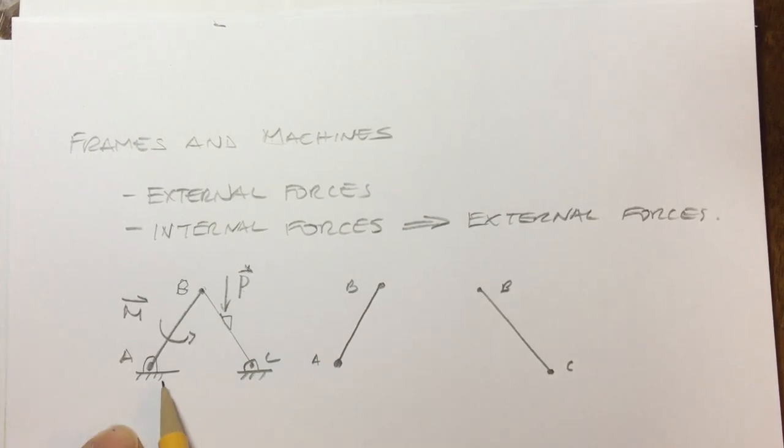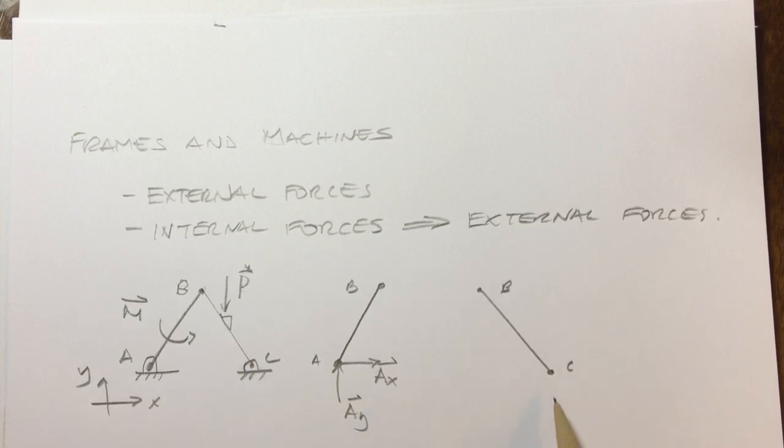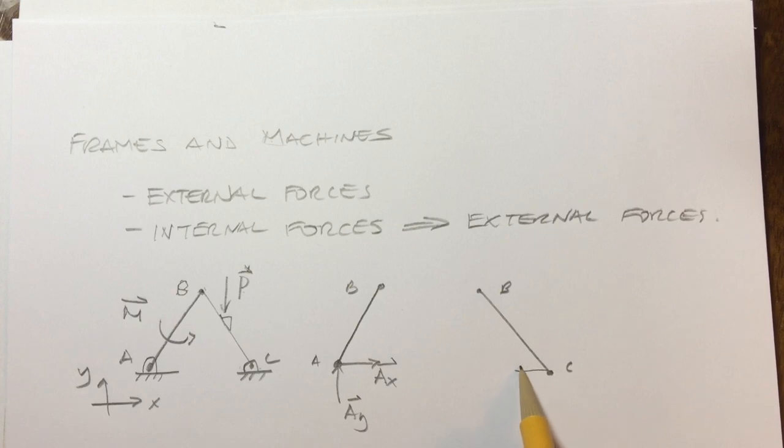So at A, the pin assembly prevented member AB from translating in the X and Y directions. Therefore, I'll have a reaction force in the X, reaction force in the Y. Same thing at C. The pin assembly prevented member BC from translating in the X and also translating in the Y.